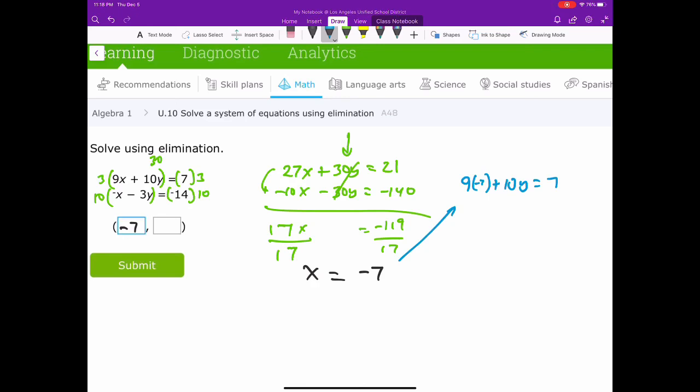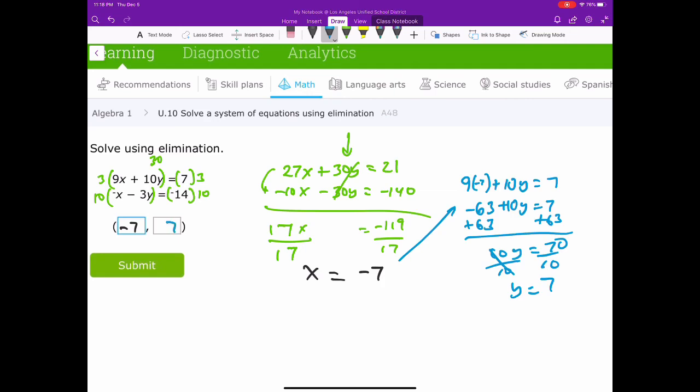So 9 times negative 7 is negative 63, plus 10y is equal to 7. Hey, this isn't going to be too bad. Plus 63 to both sides. 63 plus 7 is 70, equal to 10y. Divide by 10, divide by 10. Y is equal to 7.